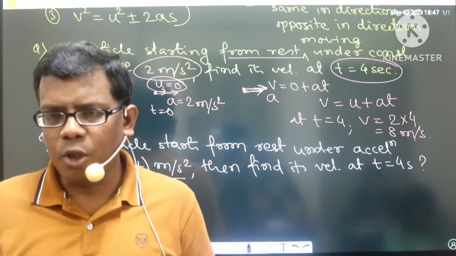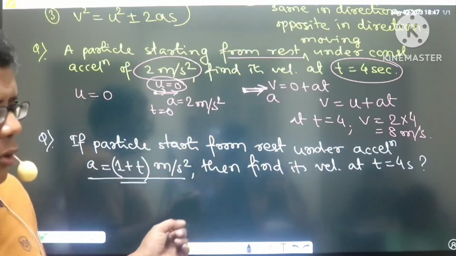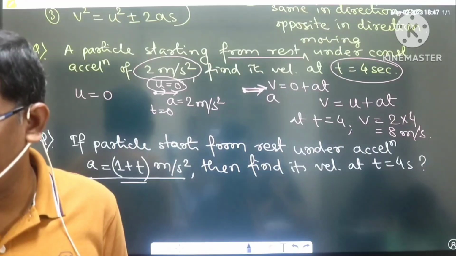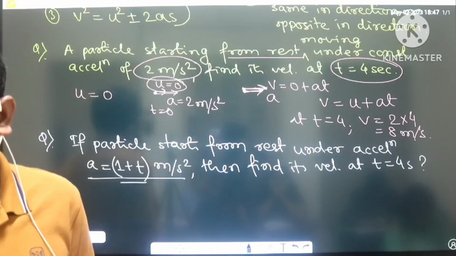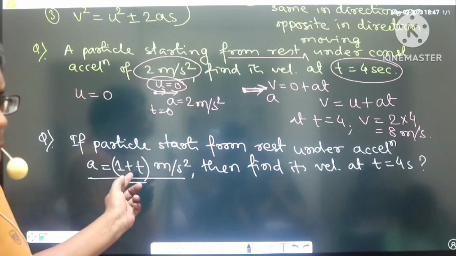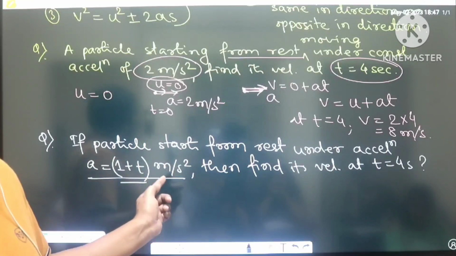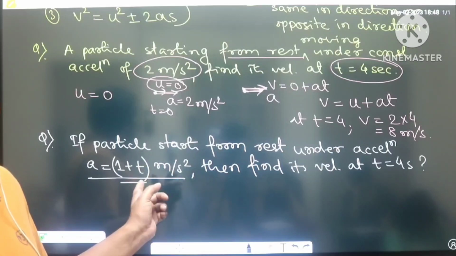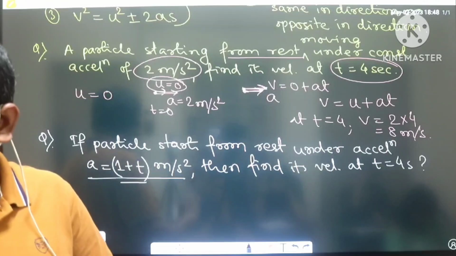So at various stopwatch moments starting from 0 to 4 second, if you substitute various possible values of t, for example at t equal to 0 a is 1, but at t equal to 1 a is 2, t equal to 2 a is 3, so is it variable?